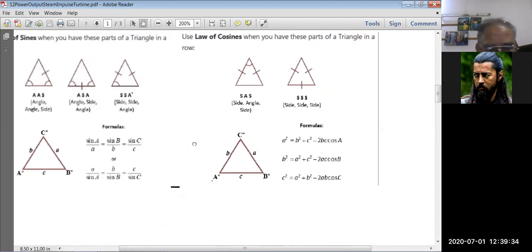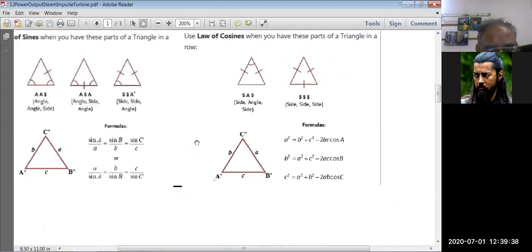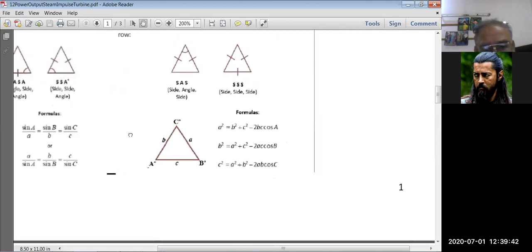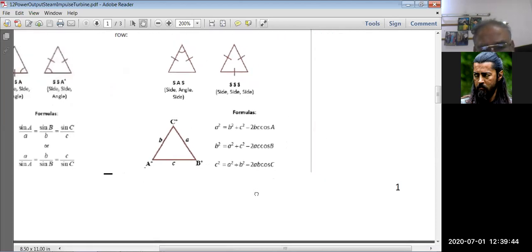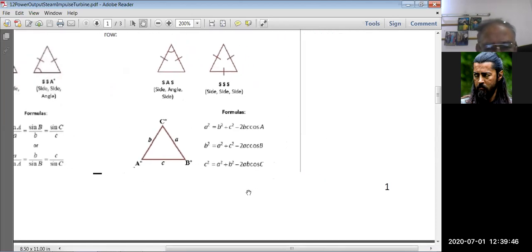It is sine A upon a, sine B upon b. So sine of an angle divided by the side opposite to it, they are equal. And this is the law of cosines. If two sides are known and the angle between the two sides is known, then you can calculate the third side, which is written here.